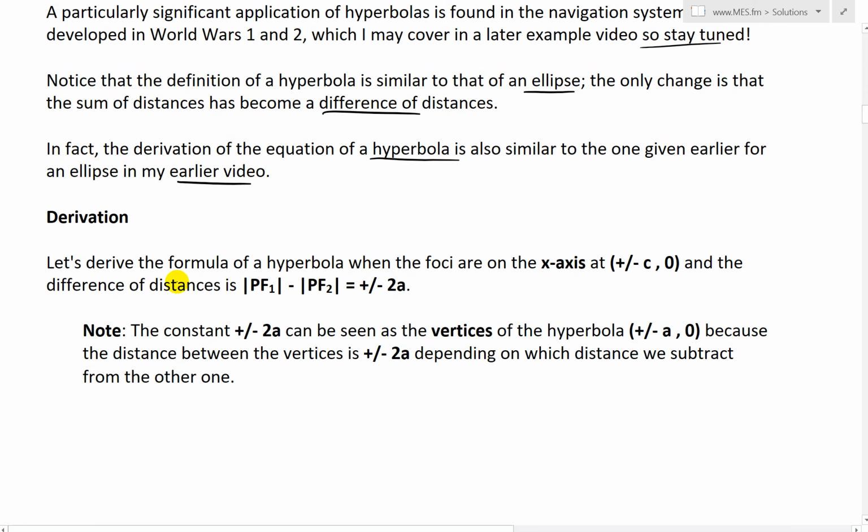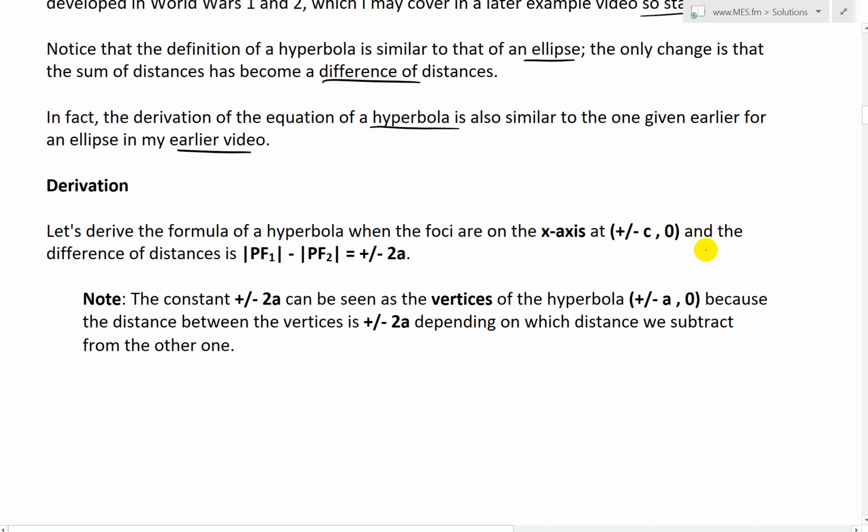Let's derive the formula of a hyperbola when the foci are on the x-axis at plus or minus c and 0, so the y-coordinate is basically 0 there. The difference of the distances is PF1 minus PF2 equals plus or minus 2a, and I'll explain why.